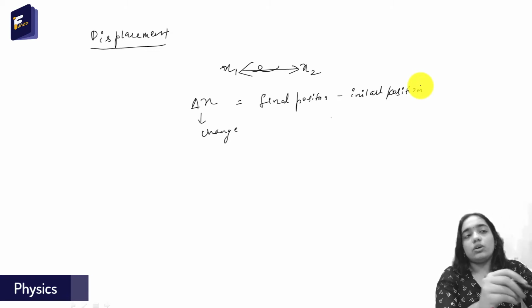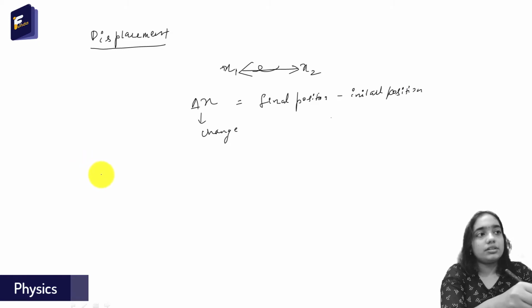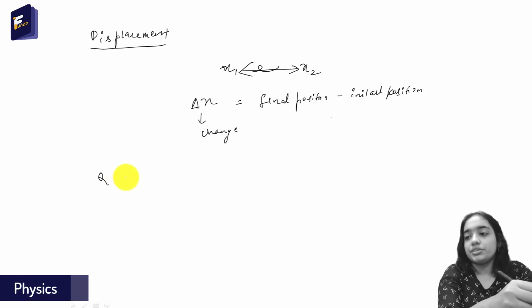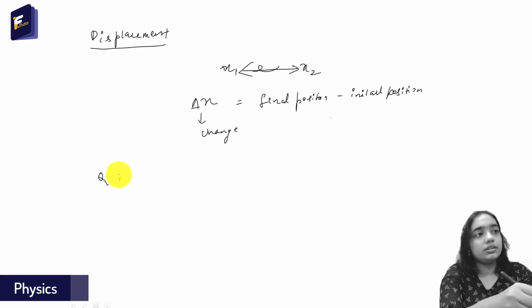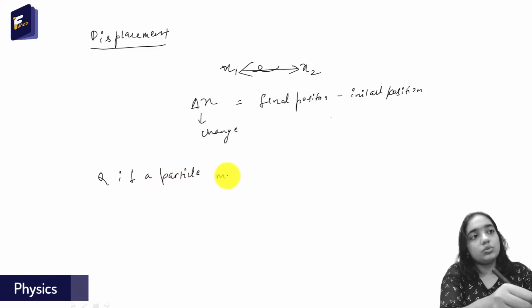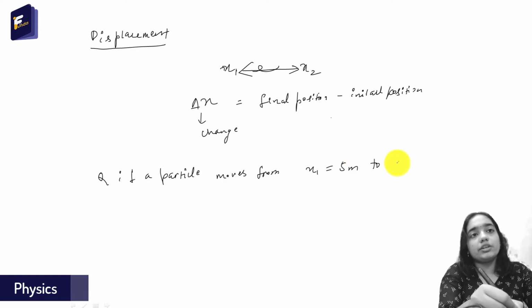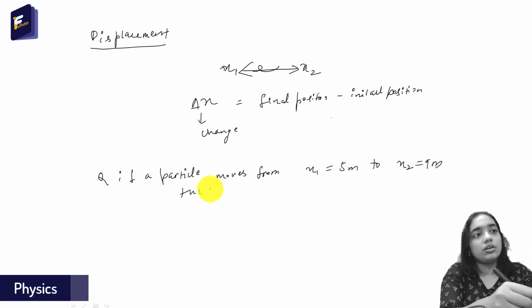Okay, so let us assume a small question. If a particle moves from x1 equal to 5 meter to x2 equal to 9 meter, then what is the displacement?